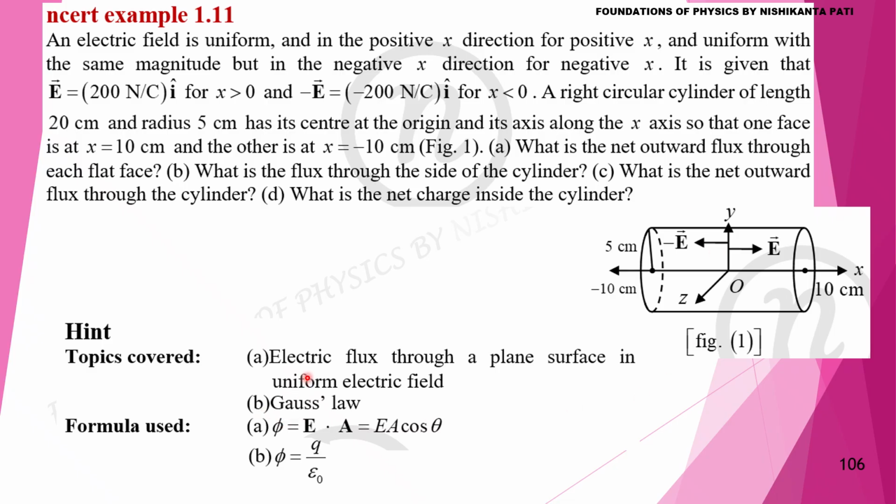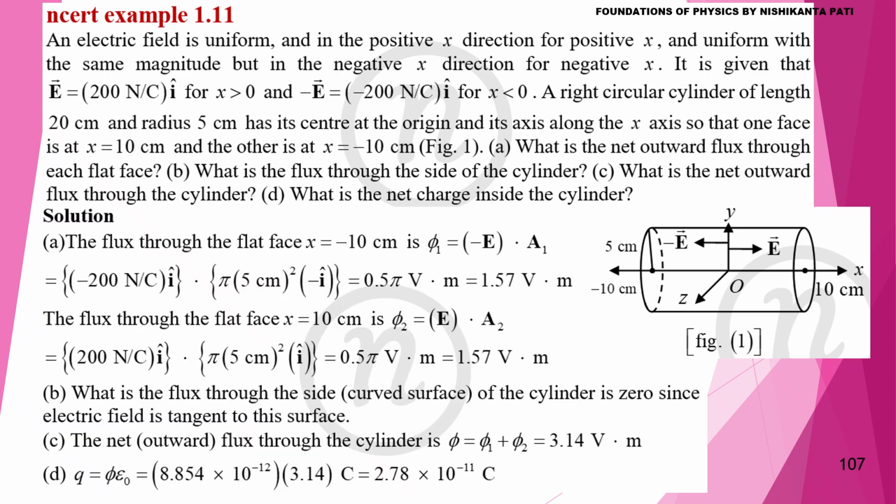Again, the flux through a plane surface in a uniform field. For finding the charge, we will apply Gauss law, flux equal to Q by epsilon 0. The flux through this face is here the electric field dot this area vector.